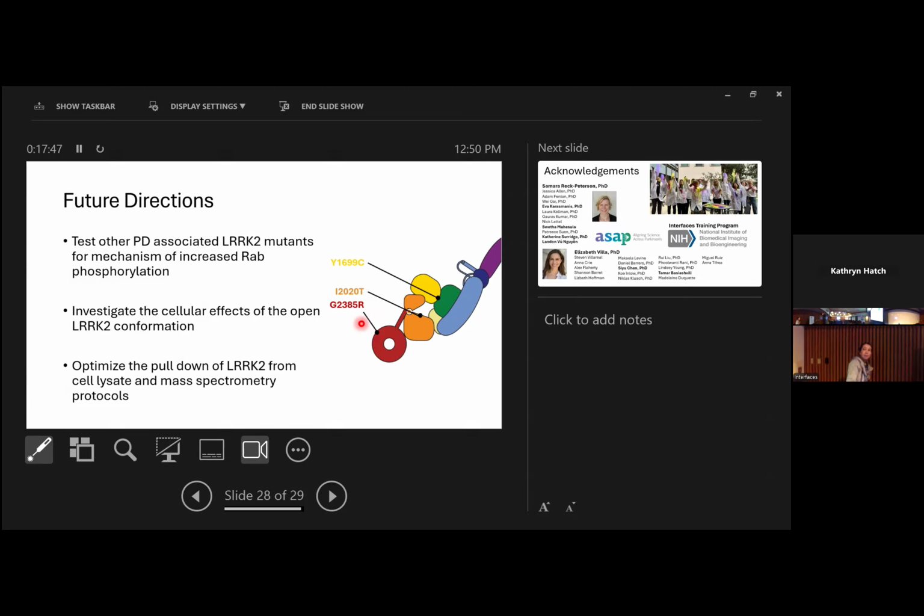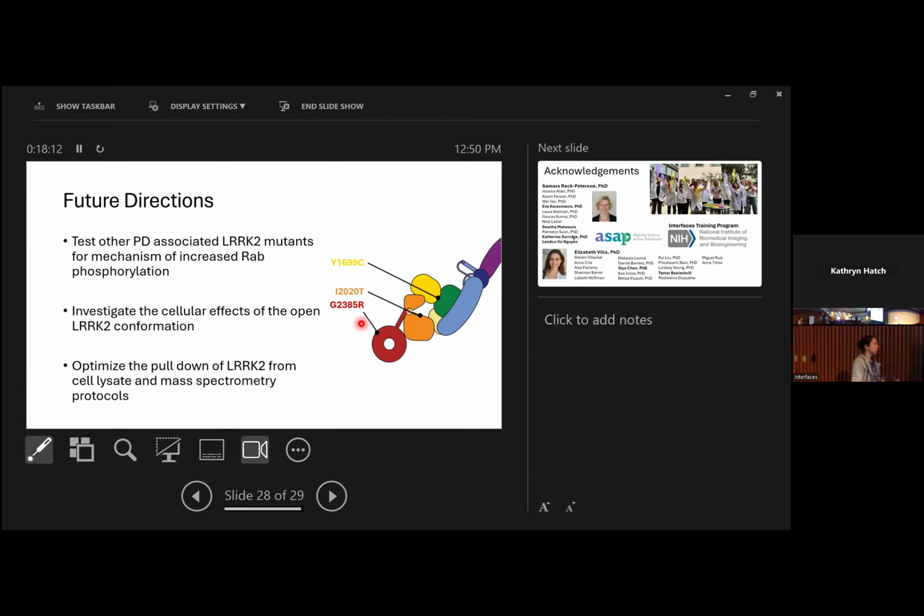I think that one could be really cool in that it's another structural change that happens to LRRK2 when you have this mutation in a domain that has nothing to do with any catalytic activity whatsoever. And finally, we want to look at the cellular effects of what happens when you have that arm open behavior.